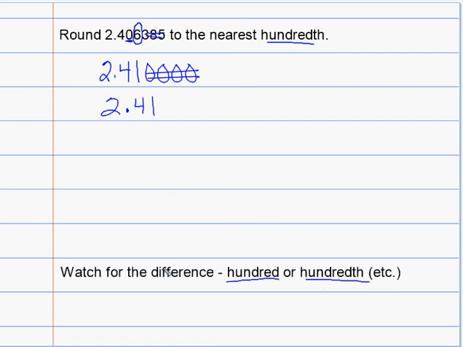So if I asked you to round 2364.1139 to the nearest hundred, it would be here, not here. Okay, remember 100 or 1,000 are on the left side of the decimal, and hundredth, tenth, thousandth, those are all on the right side.